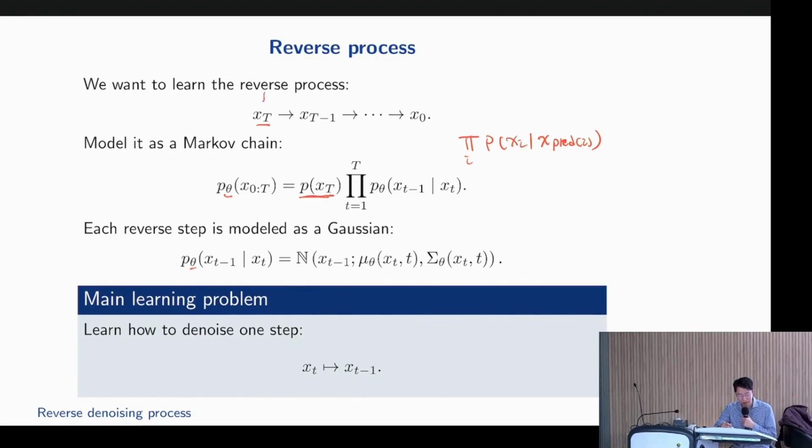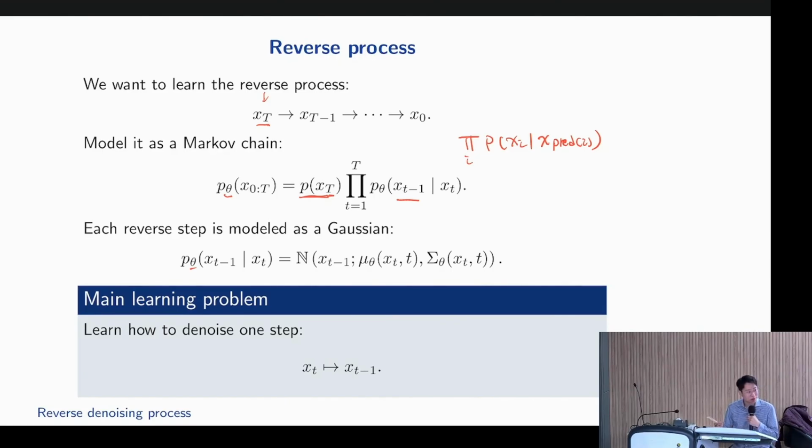Here, there's no arrow incoming, so xT is on its own, and all the other terms are xt minus 1 given xt. Okay, so that's the joint distribution.